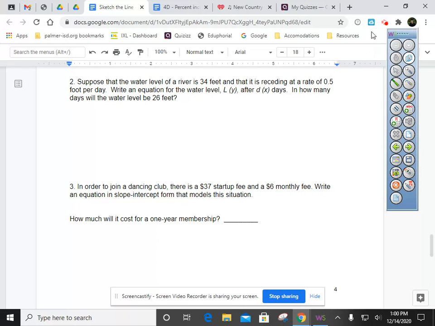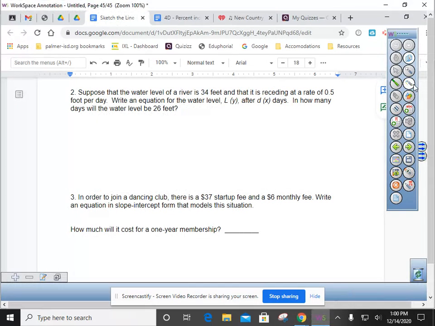Suppose that the water level of a river is 34 feet and that it is receding at a rate of 0.5 foot per day. Write an equation for the water level L, which will be your y, after D, which will be your x, days, and how many days will the water level be 26 feet? So if you want to write it with the L, the L is going to be the water level.